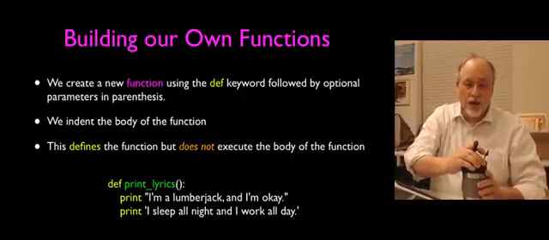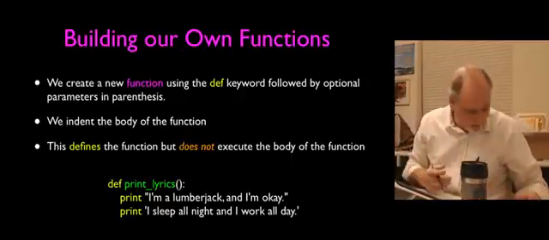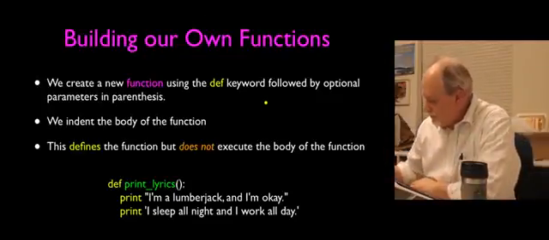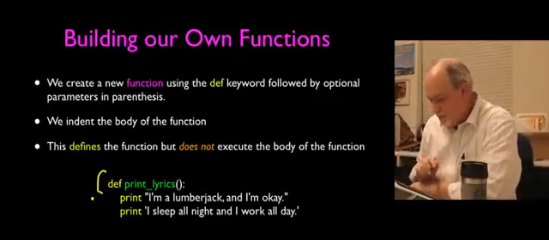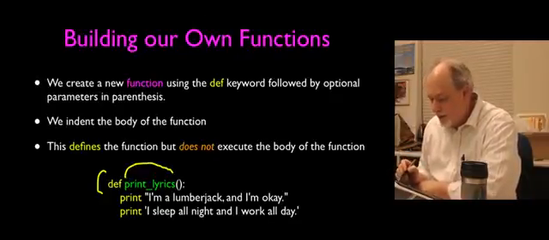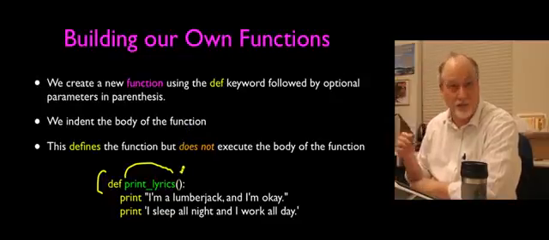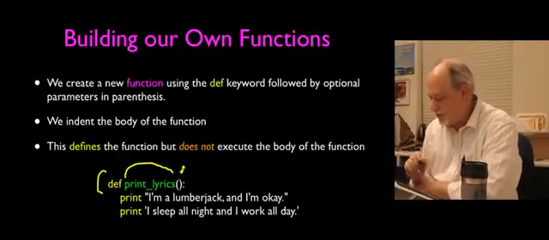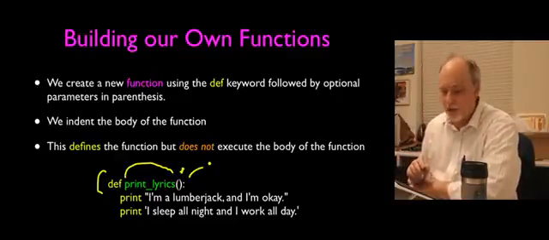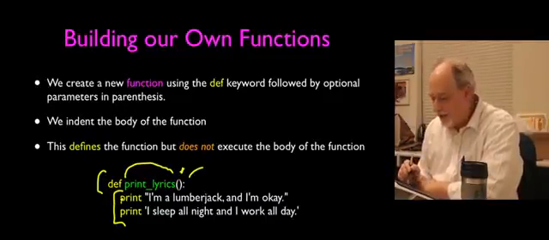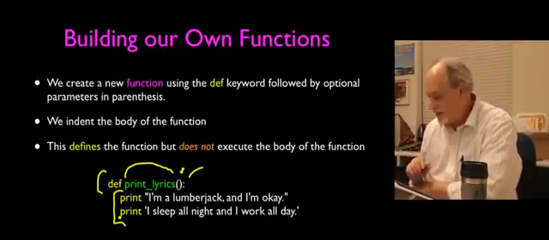So we want to make a new function. Like I said in the other example, we use the def keyword. The def keyword here, and then we have some indented bit. We create a name for it and then have some parentheses. These parentheses will later tell the inputs that we're going to pass in, but this function has no input, so we just go parentheses, and then the all-important colon character, which indicates the beginning of an indented block of Python that then is the text of the function.